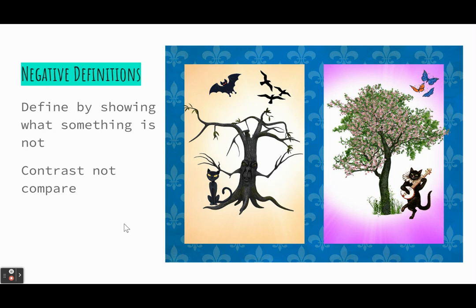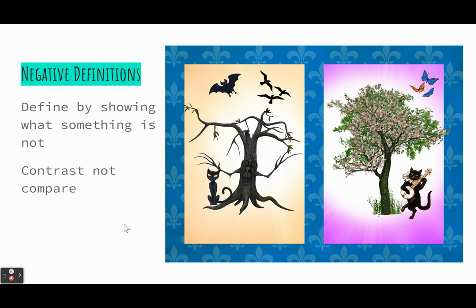So, for example, a colorful background and a tree with leaves and a cat playing a banjo cannot be frightening. However, a tree with no leaves, surrounded by ravens or crows and bats, and a black cat without a banjo can be scary.